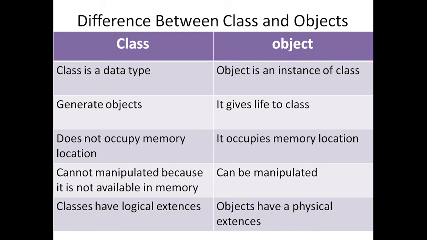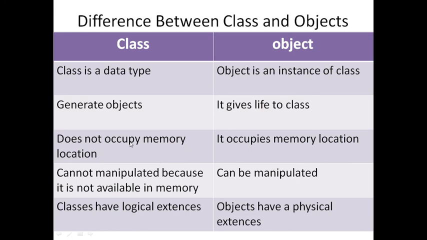Now we are discussing the basic difference between classes and objects. Class is a data type, which means data is either primitive data or object data. According to object, object is an instance of a class. Class must generate the objects, but object gives life to classes.